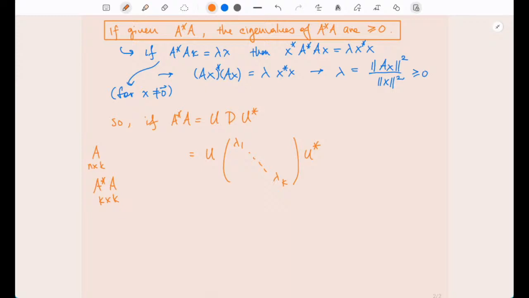And so we can write this as U, and we're going to say that sigma is this m by k matrix, and we just have this on a diagonal.